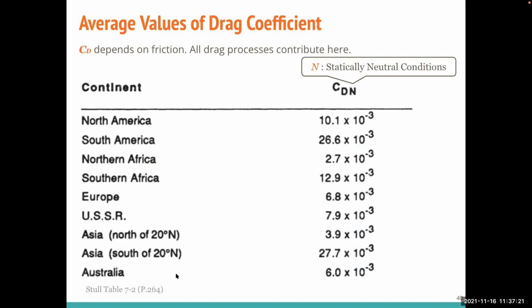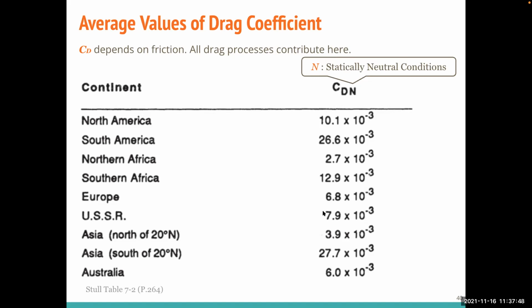Okay, so these are the reference values for your drag coefficient for different continents. If you do a very large scale simulation with coarse resolution, then you might want to apply this in your model. They are constants because they are for statically neutral conditions.